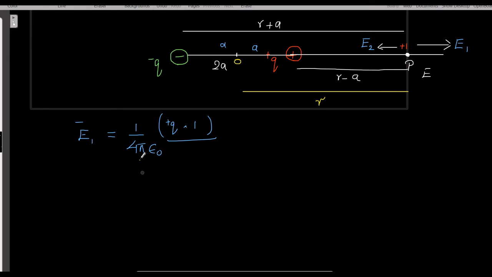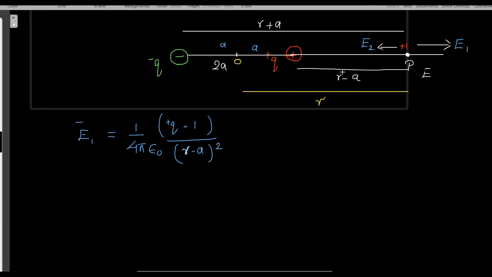Now here E1 equals 1 by 4 pi epsilon naught, plus q into 1 divided by the distance r minus a whole square. This is the magnitude.